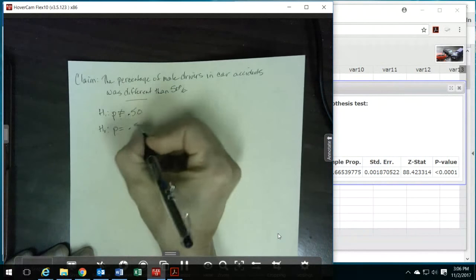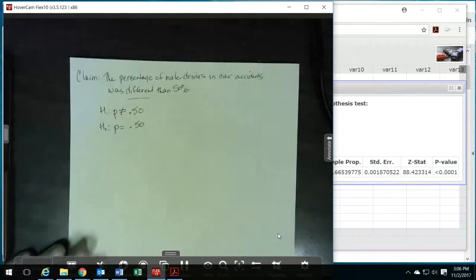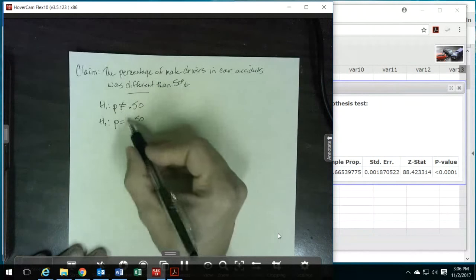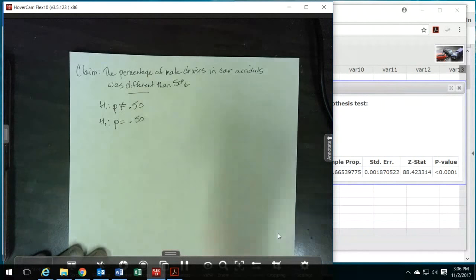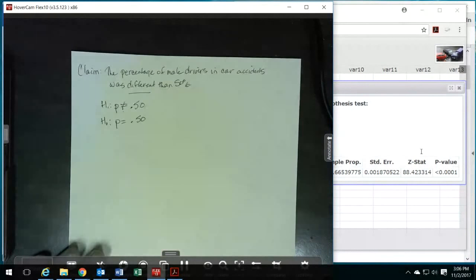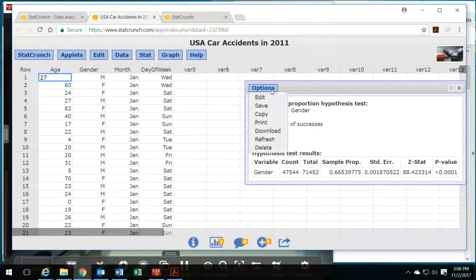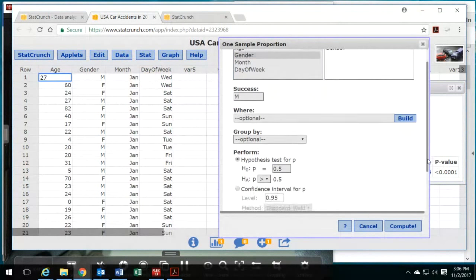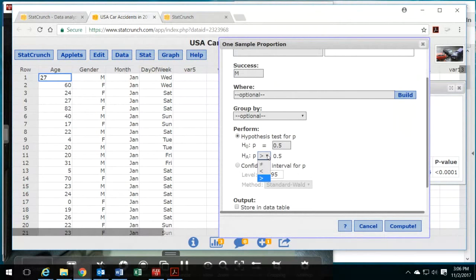Your null hypothesis is still with the equal sign. So if everything else is the same here, if we're still using the same data, then all we would do is go back and change our inequality here to a not equal to.